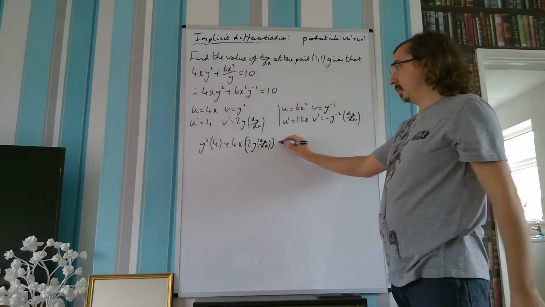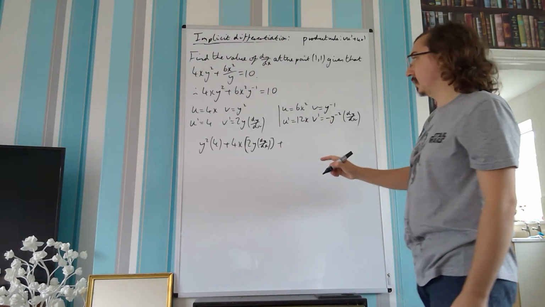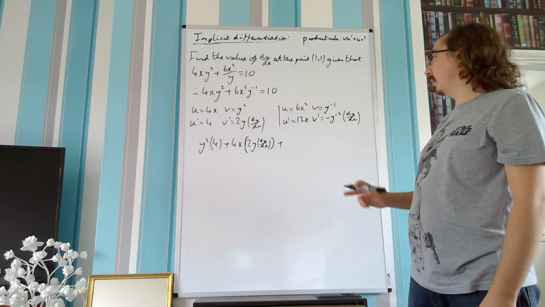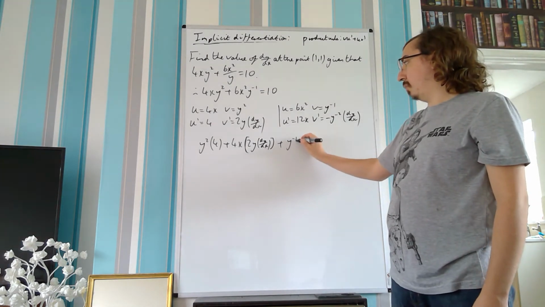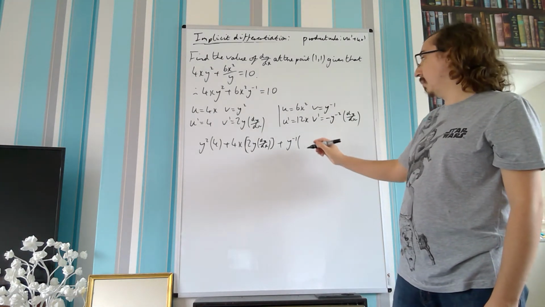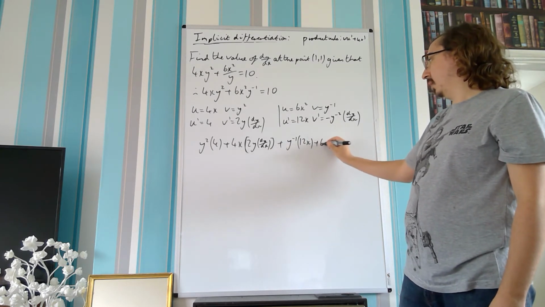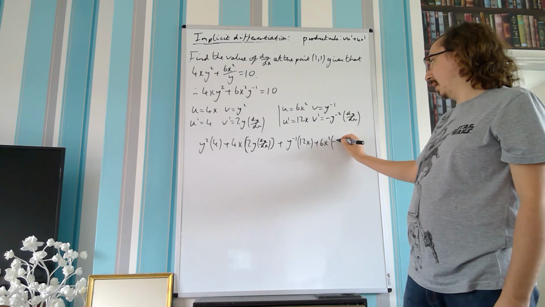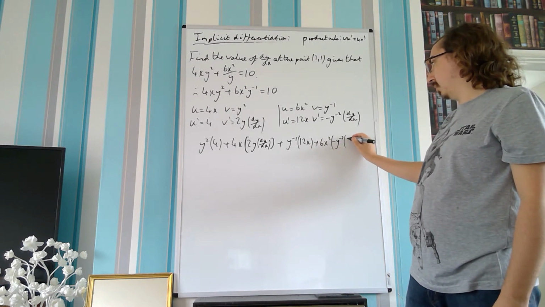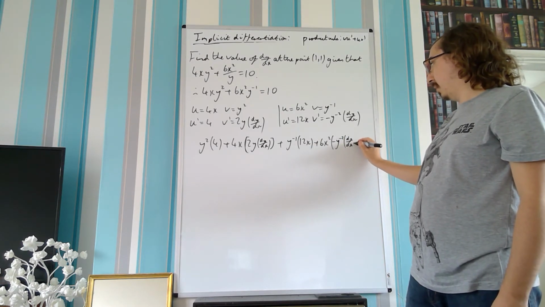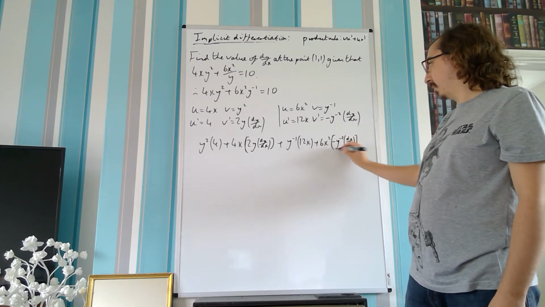We have a plus, and then we move to our next expression. Following the same idea with our product rule, we have y to the minus 1 times our u dashed, which is 12x, plus 6x squared times minus y to the minus 2 times dy by dx.